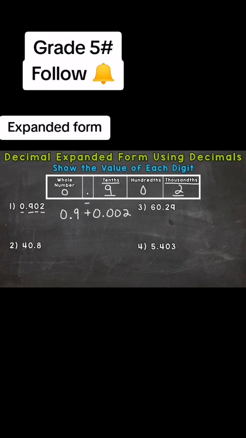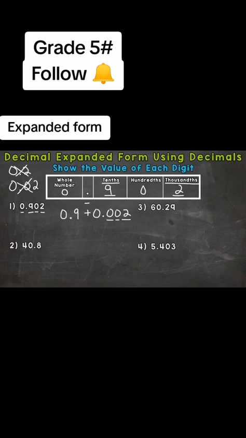A common mistake would be writing 2 thousandths by just putting the 2 after the decimal, or writing 2 hundredths. So these are incorrect. You need to be careful when it comes to decimals and placeholder zeros. So we have 2 placeholder zeros that pushed that 2 to the correct place, the thousandths place. So there we have 902 thousandths in expanded form.